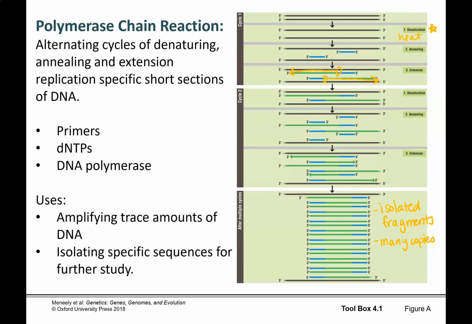Now this is a little bit different from replication in a cell, because replication in a cell is going to copy all of the DNA and we only get one copy each round. But the polymerase chain reaction is really useful because it can amplify, or copy, very small amounts of DNA. We don't need a lot of DNA for PCR, because in theory you only need one strand of DNA, although usually you need more for PCR to actually work.